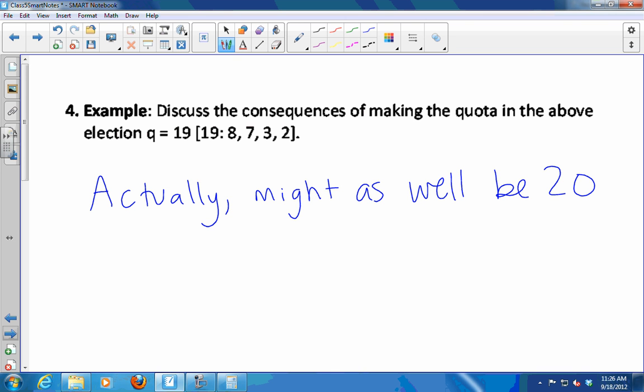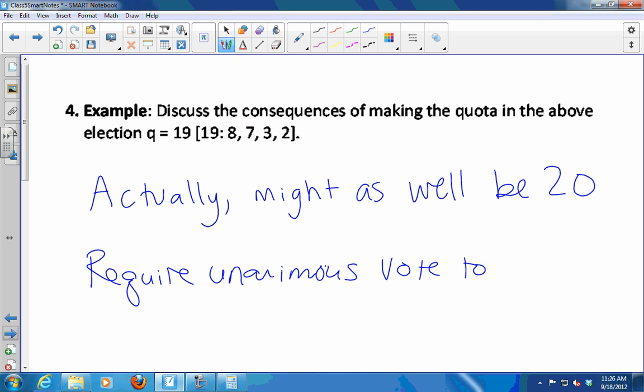Might as well be 20 because it would require a unanimous vote to get 19. So really, in this case, everyone has equal power. Even though player 1 has 8 votes and player 4 only has 2, everyone has to vote unanimously to meet the quota, which means everyone really has equal power.